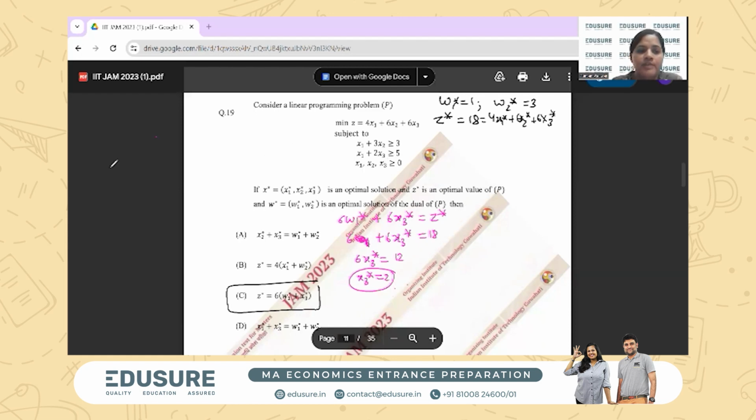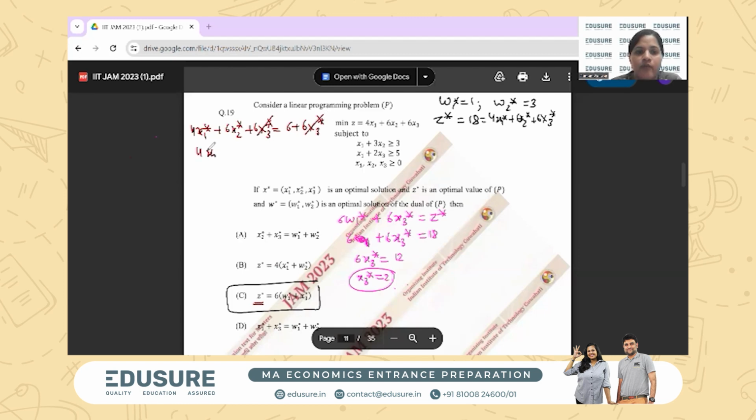Again, let me exploit this condition once more and write the full equation: 4x1 star plus 6x2 star plus 6x3 star equals 6w1 star, which is 6 into 1, which is 6, plus 6 into x3 star. Let's see what we get.